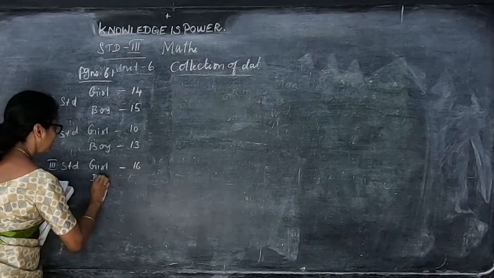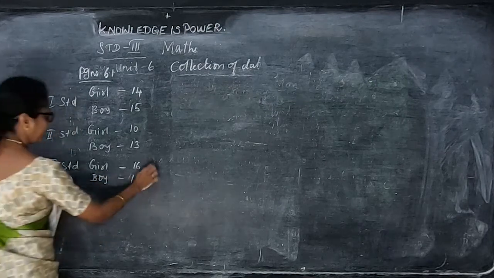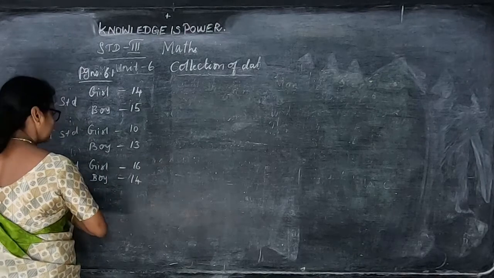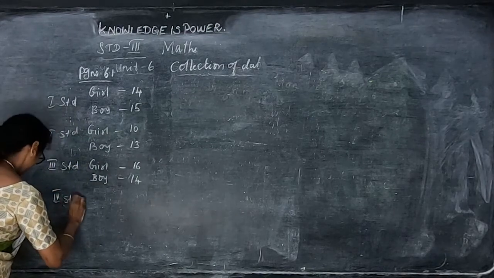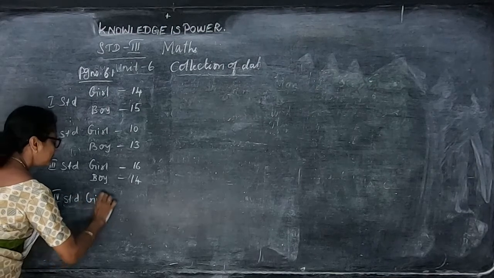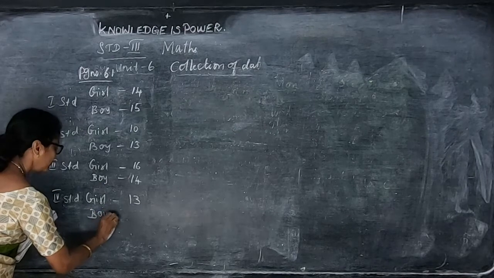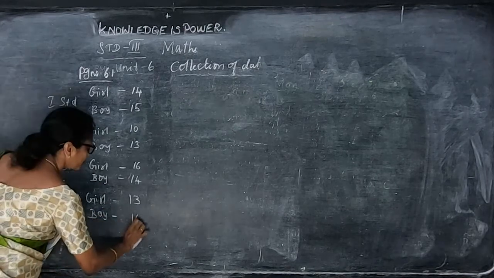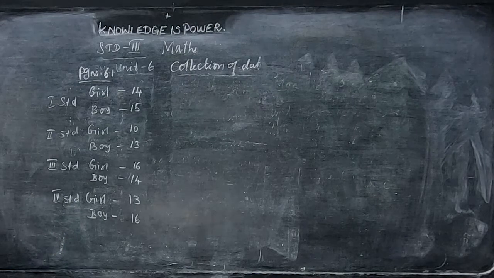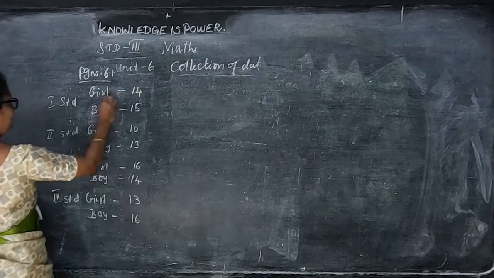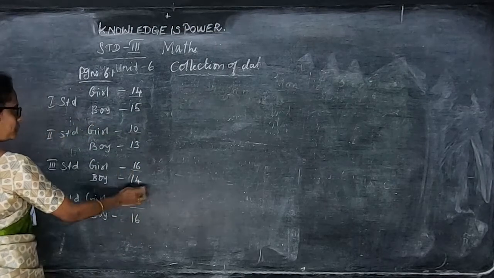So for boys you put 14 or 10, anything, 14 you put. Then fourth standard girls, 13 they have given. So boys number, 16. So like this, they have given the numbers for girls, and for boys we have put on our own.